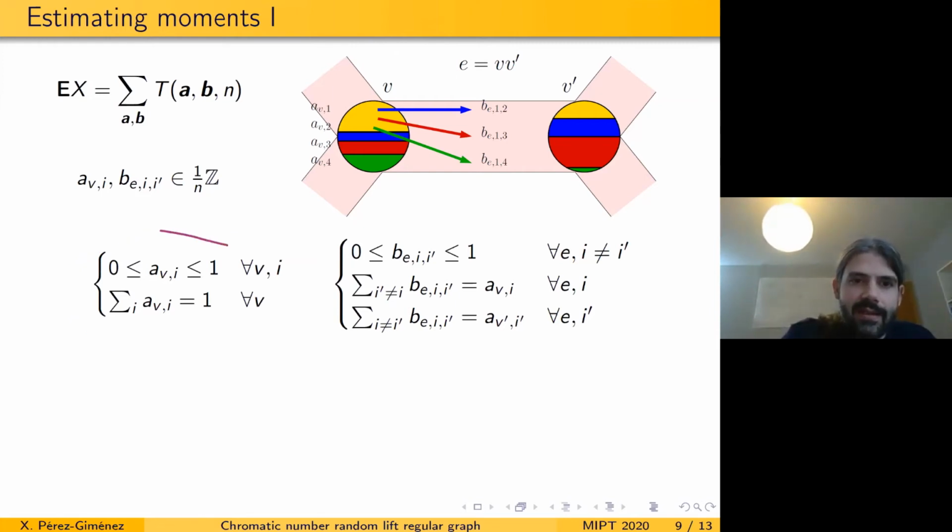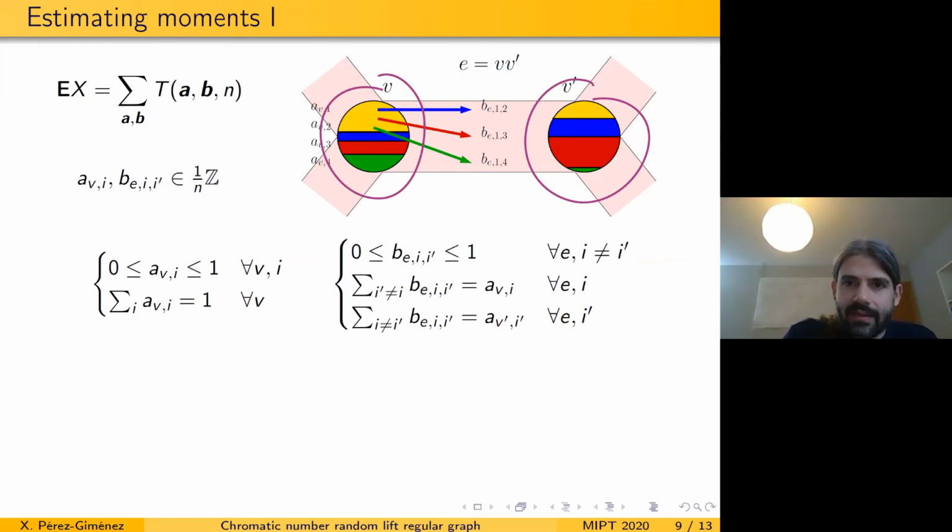Also, they satisfy some equality and inequality constraints. So the A's are, of course, between 0 and 1, so are the B's. And in fact, the A's are a probability distribution for each of the fibers; the A's add to 1. And for each pair of fibers, I have these constraints.